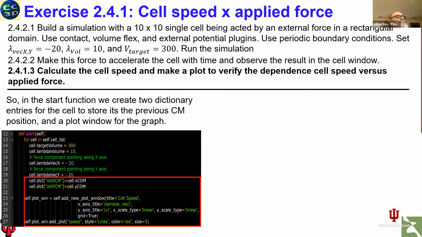We are going to plot the lambda vec on the x axis and the speed of the cell on the y axis. I mean, we are going to plot cell speed versus applied force. Please do these inclusions. See, this is in the start function, don't forget that.